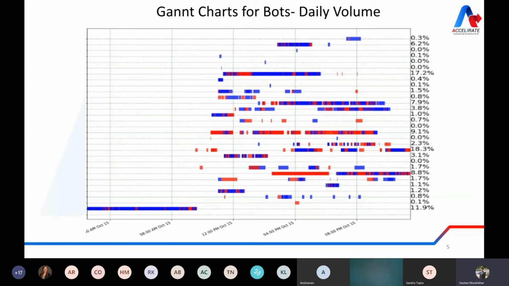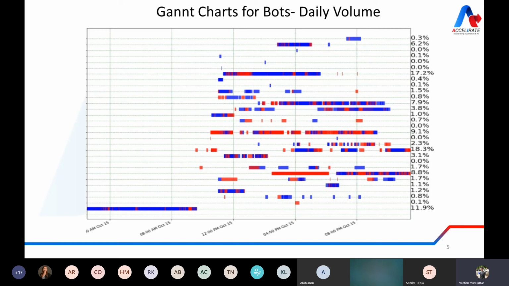As you can see, different lines in this chart are for different bots. For example, the first bot started running at almost 9 p.m., performed certain transactions, and then stopped. We have a custom application that we built.